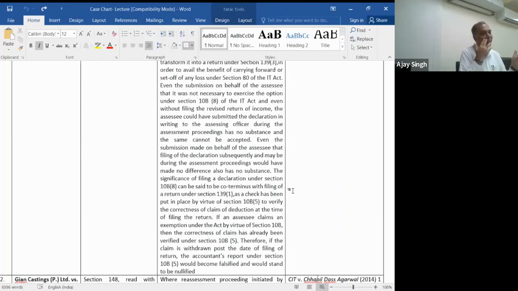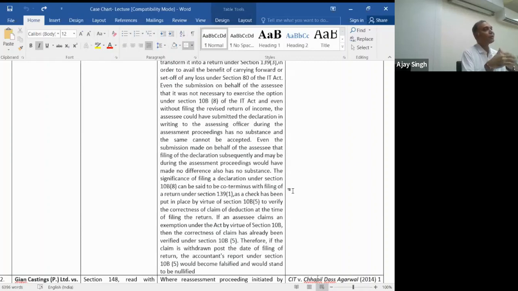I remember at this stage the decision in Goetze India, though in a totally different context, where a claim was made by filing a letter before the assessing officer. The Honorable Supreme Court, though the judgment was too short and did not deal with various aspects, said that you cannot make a claim by way of a letter, you should file a revised return for making such a claim.